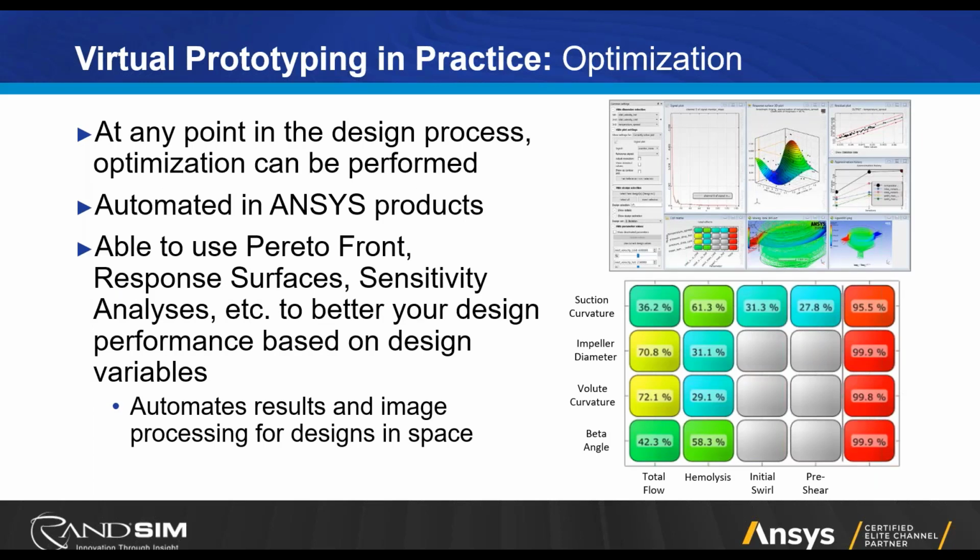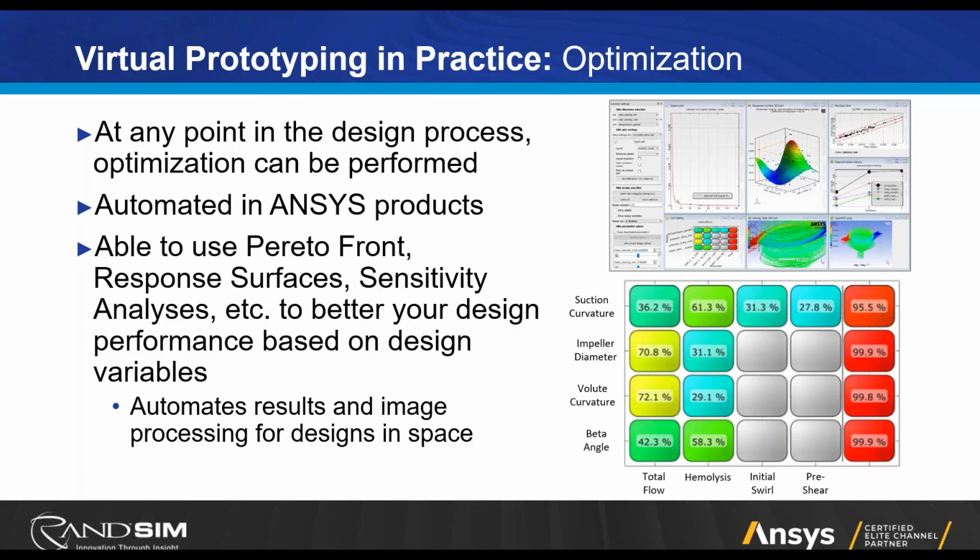But one of the other great things about working in a virtual environment is that you can very quickly move through optimization studies. You're not going to be relying on prototype fabrication lead times for tens of devices. You can really quickly fill out your tables on what variables you'd like to see iterated over, and then run an analysis on that to create response surfaces, generate a Pareto front for performance, or do sensitivity analyses on the data itself.